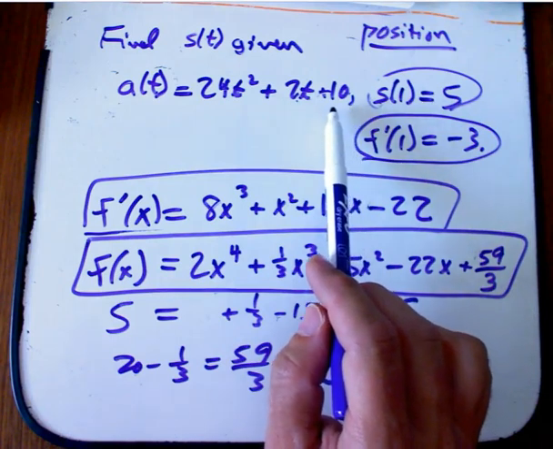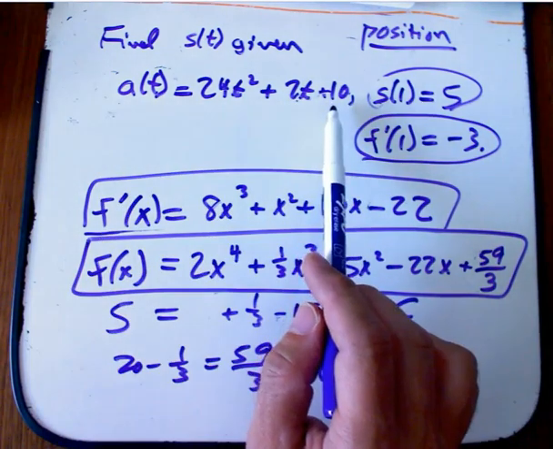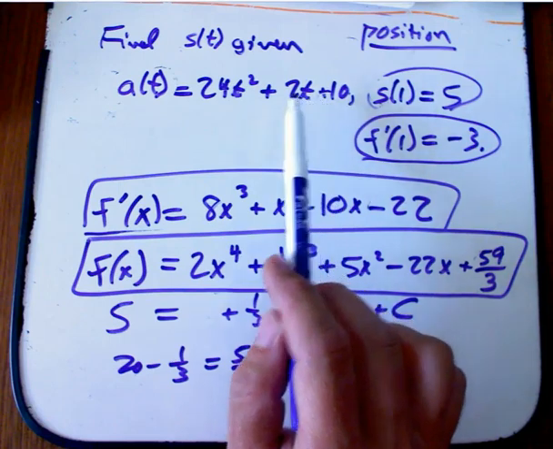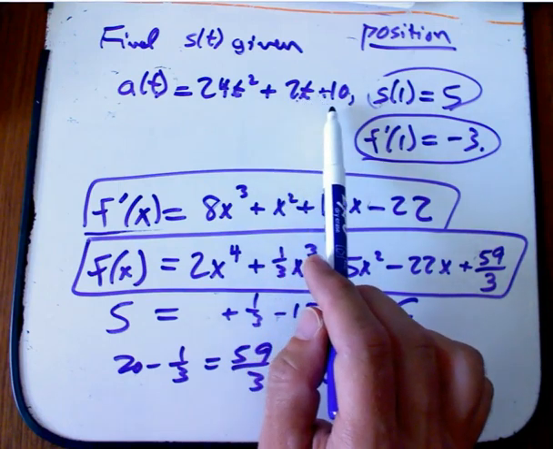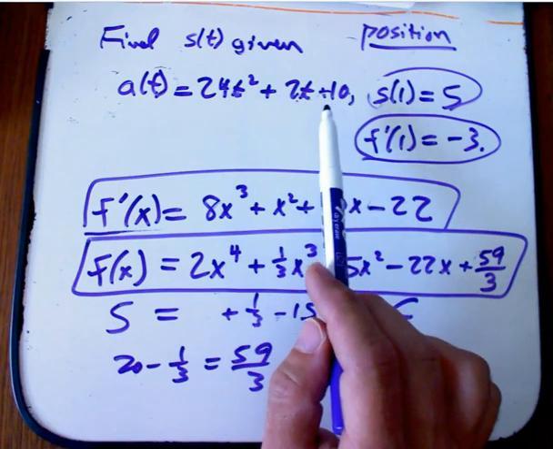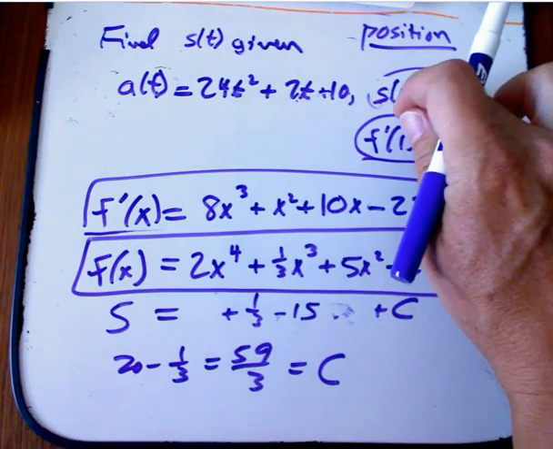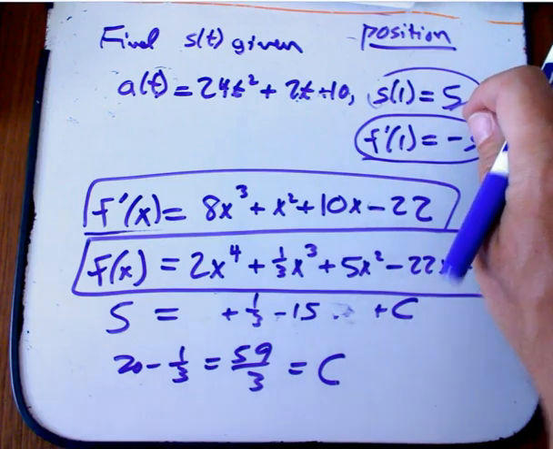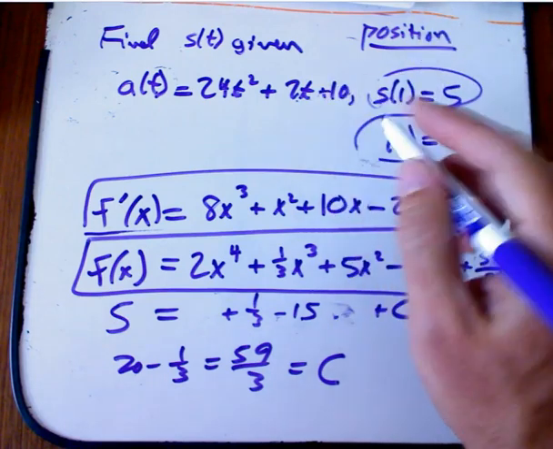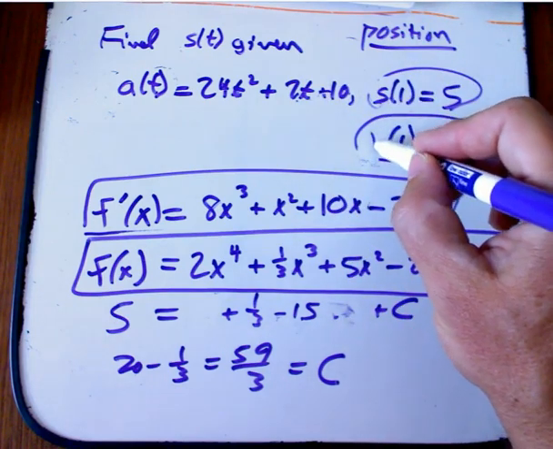Okay. And just given the acceleration, how the velocity changes of some object, that's not quite enough to tell me exactly where it's going to be. But it turns out, if I say at time 1, it's at position 5, and one other thing, which is, now that first derivative, that's the velocity.